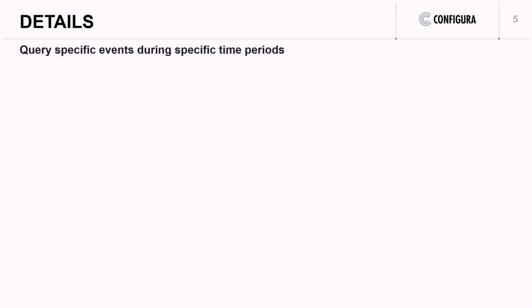Extension analytics is basically the ability to query specific events during specific time periods. You can access this through the same analytics dashboard that you can find in My Configura. There's another tab in that analytics dashboard that brings up a form where you can put in the information you want to see, and it'll give you graphs with that information.